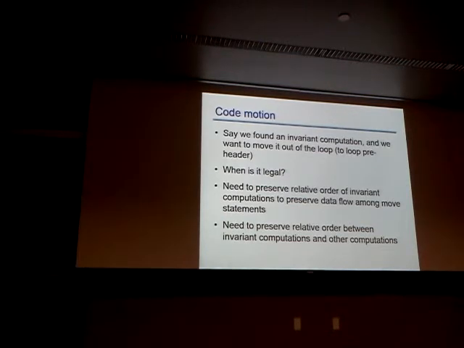First, you want to preserve the relative order of invariant computations, to preserve the data flow among those invariant statements. If multiple loop invariant computations depend on each other, you want to move them out in synchrony, so you don't reorder them when you move them out.